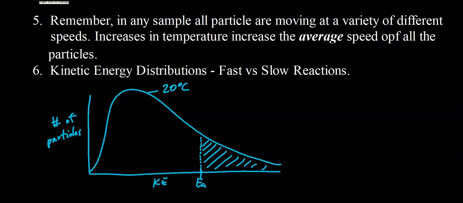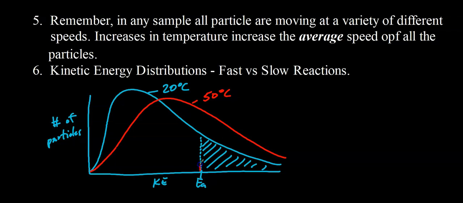So let's say we take this substance and we heat it up. If we increase the temperature, we increase the average speed of the particles, and increasing the average speed will increase their kinetic energy. So at a higher temperature, we see something like this, where more particles have more kinetic energy. Let's say 50 degrees Celsius. At 50 degrees Celsius, how many particles have enough energy to react?